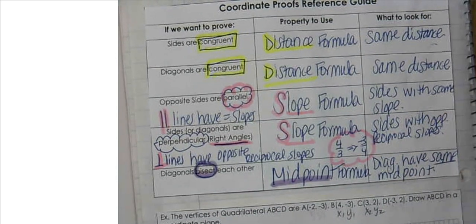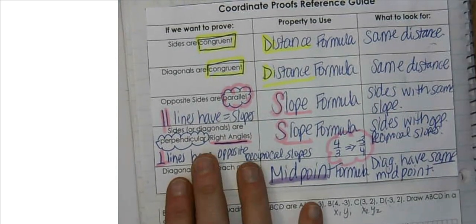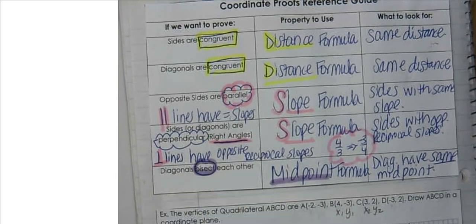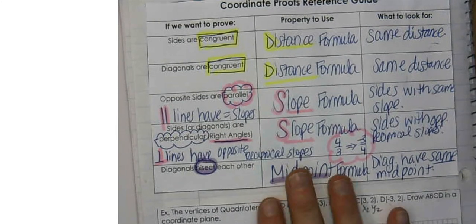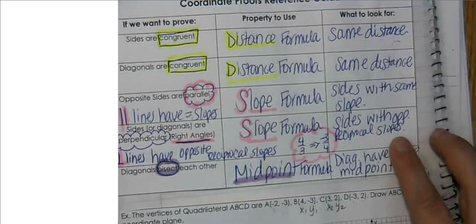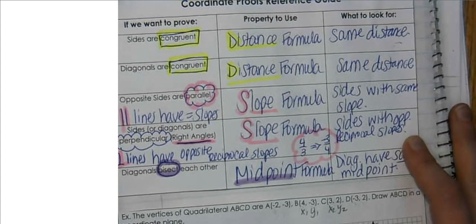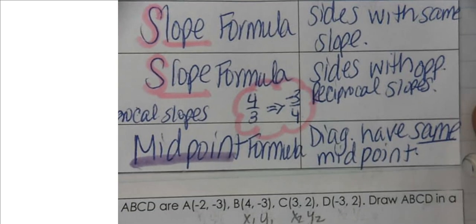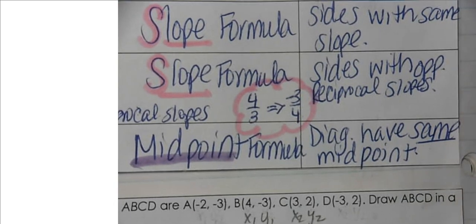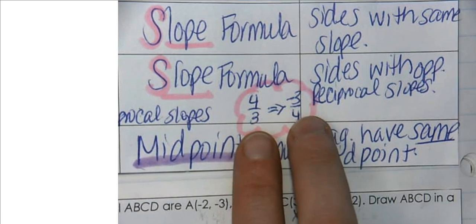Let's say that we are talking about perpendicular lines, or proving that two lines together form a right angle or that they are perpendicular to each other. You want to look for sides that have opposite reciprocal slopes. As a recall, opposite reciprocal slopes means that the slopes are different signs.